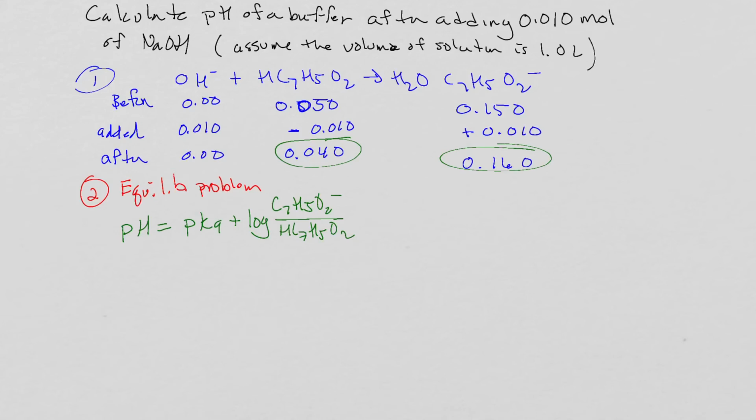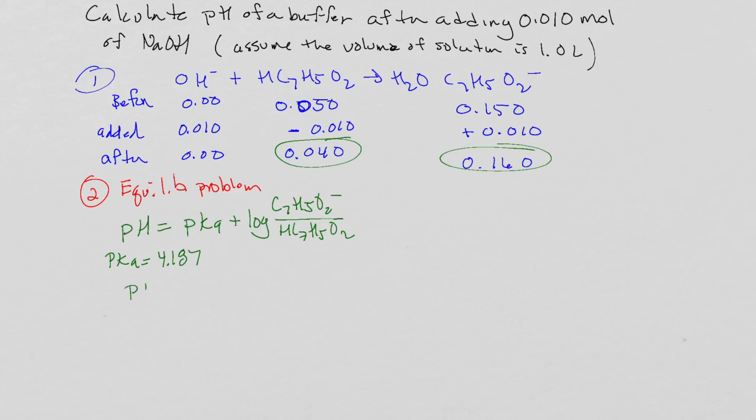Now, remember from our previous work that the pKa of this acid equaled 4.187.